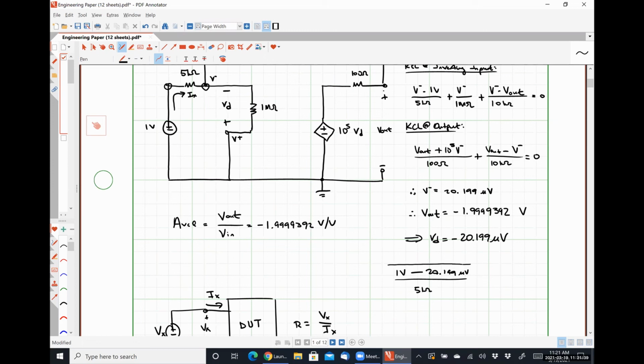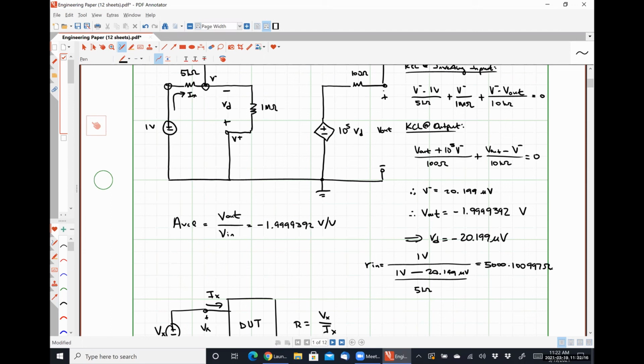If I divide that as the denominator, here's how I figure out Rin. So I have my 1 volt applied, I divide by the current that's leaving the 1 volt source, and I get 5,000.100,997 ohms.